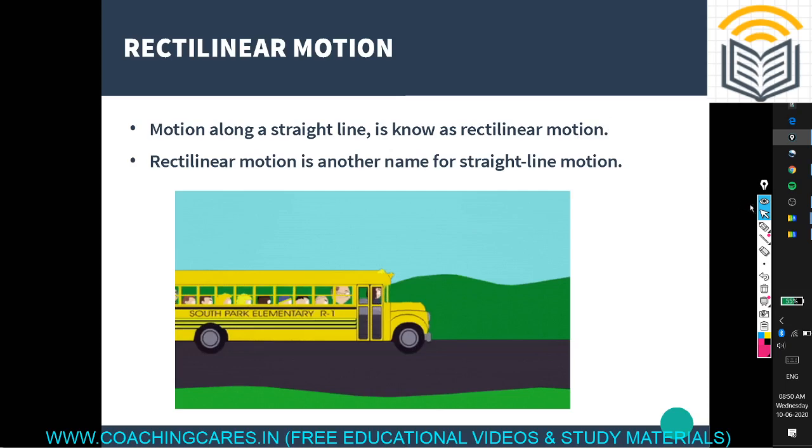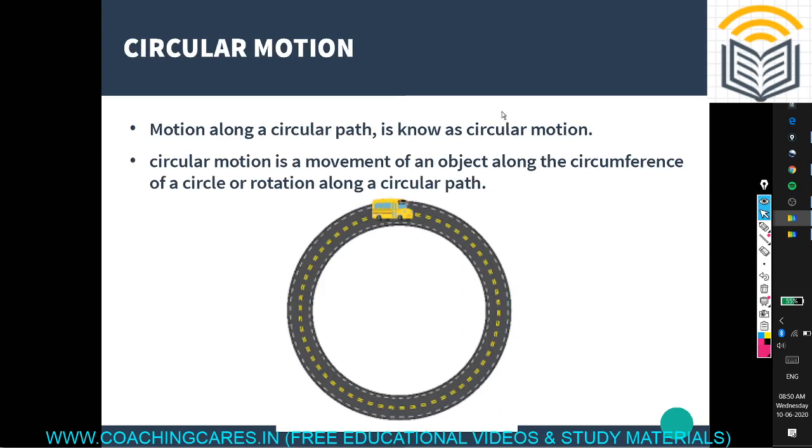Another term we'll understand again. The second type of motion is circular motion. Any object can be in circular motion. Circular motion is a movement of an object along the circumference of a circle or rotation along a circular path.